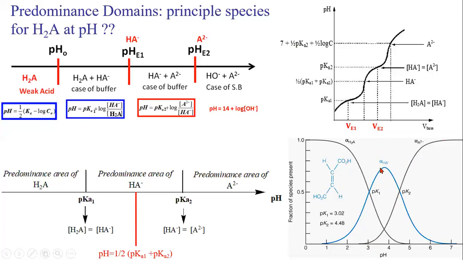And so this intermediate, which is my HA species, actually eventually runs out completely, and there's nothing left of it in solution. It's an intermediate species. Also, my H2A will run out completely, and it's going to become 0. Okay. Everything gets converted into A2 minus.